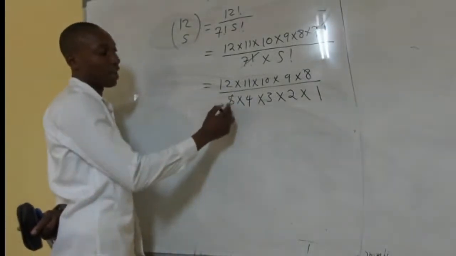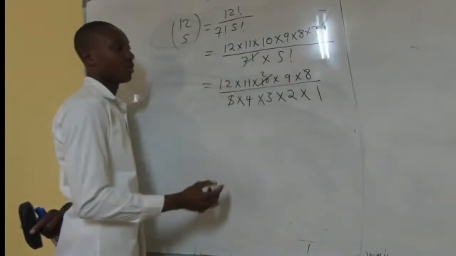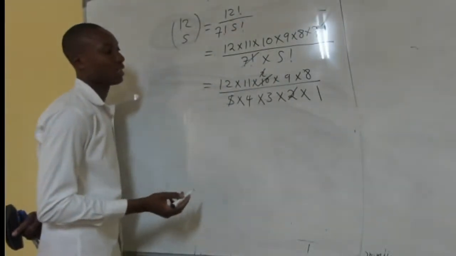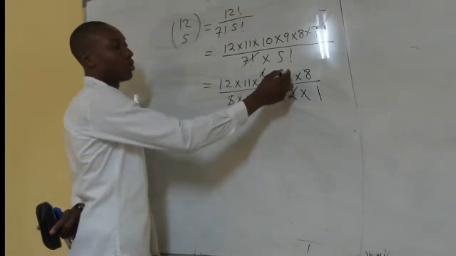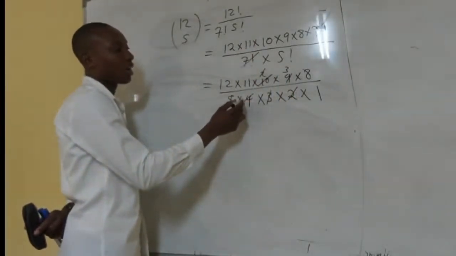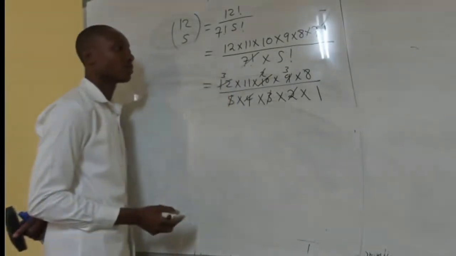Okay, so we know 5 can go with 10, so that's 2. Then these 2 can cancel with these 2, alright? Then we know that 3 can go into 9 3 times. Then we know 4 can go into 12 3 times.